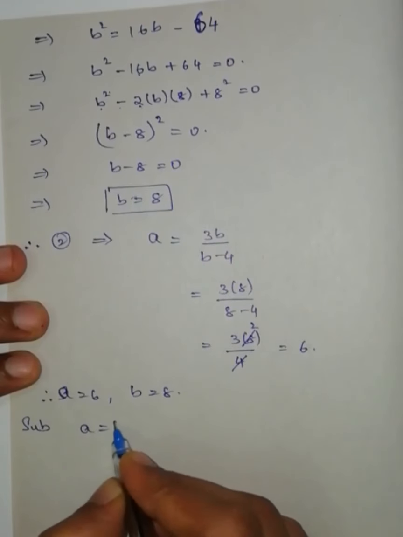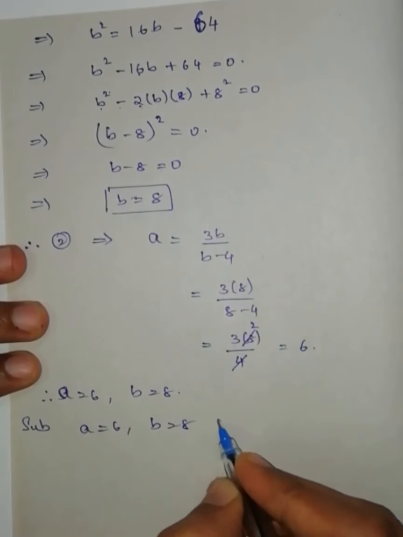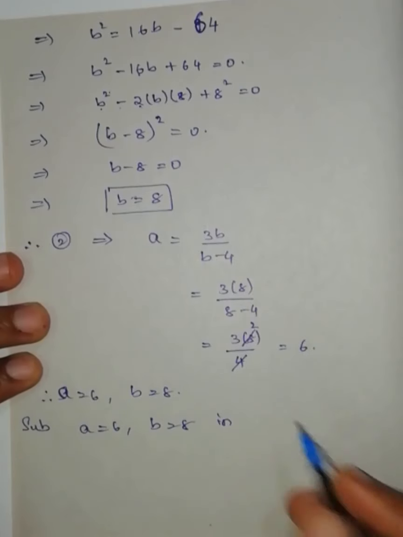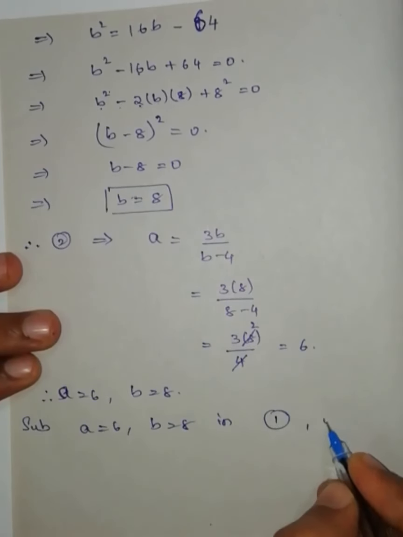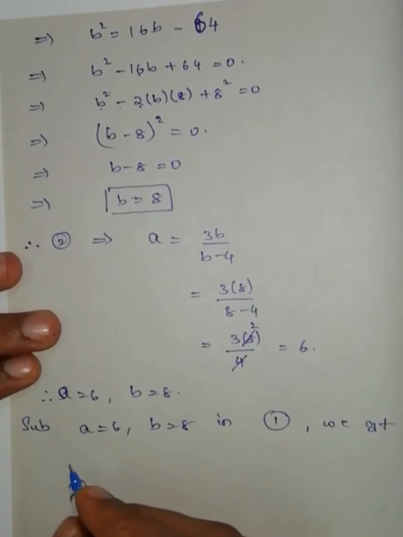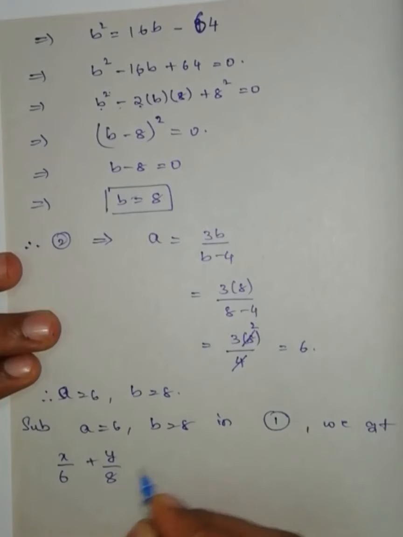Substituting A is equal to 6, B is equal to 8 in equation number 1, what we got? We get x by 6 plus y by 8 is equal to 1. Now taking LCM, we will get LCM as 24. 4x plus 3y is equal to 1.